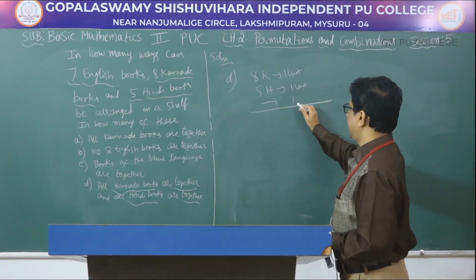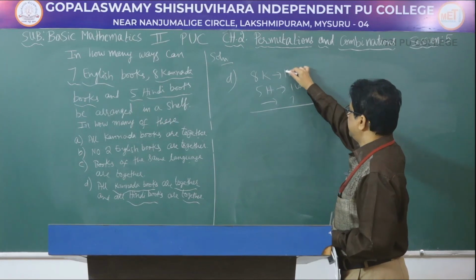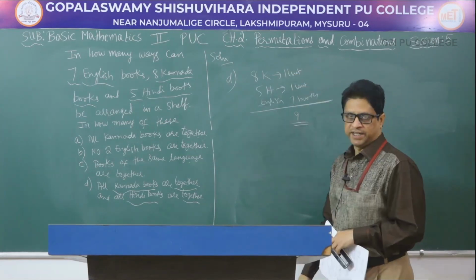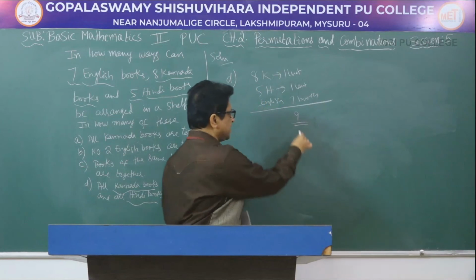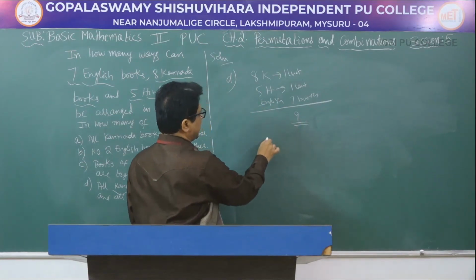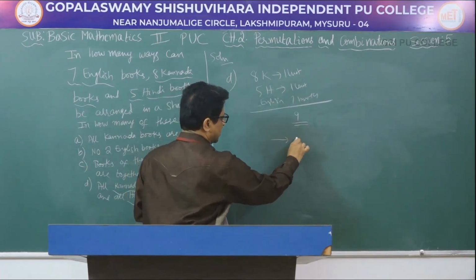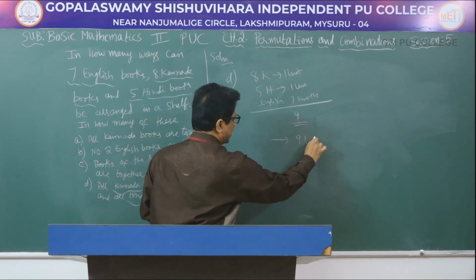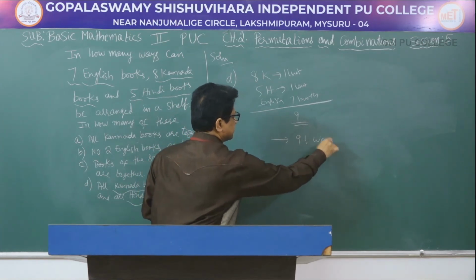So, total we have 7 plus 1, 8, 8 plus 1, 9 units. So, these 9 units can be arranged among themselves in 9 factorial ways.